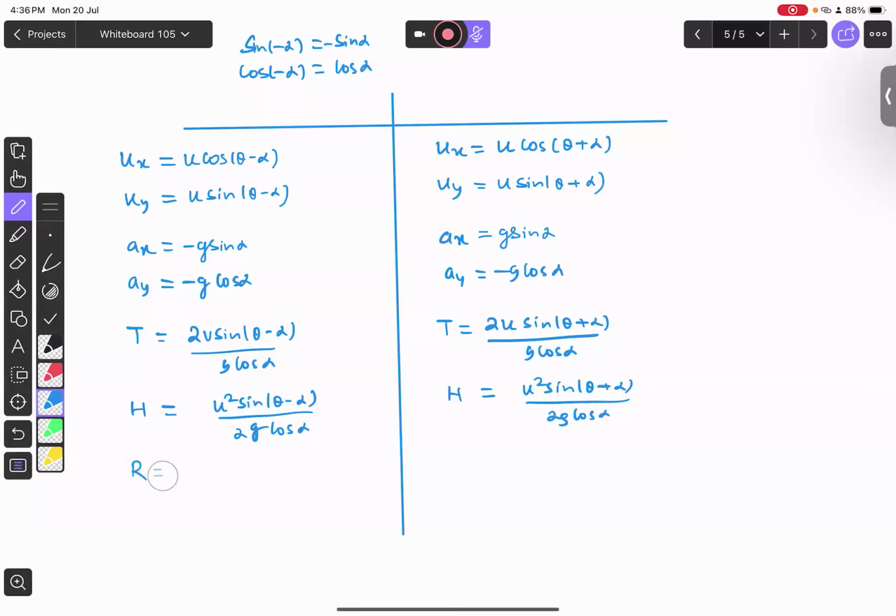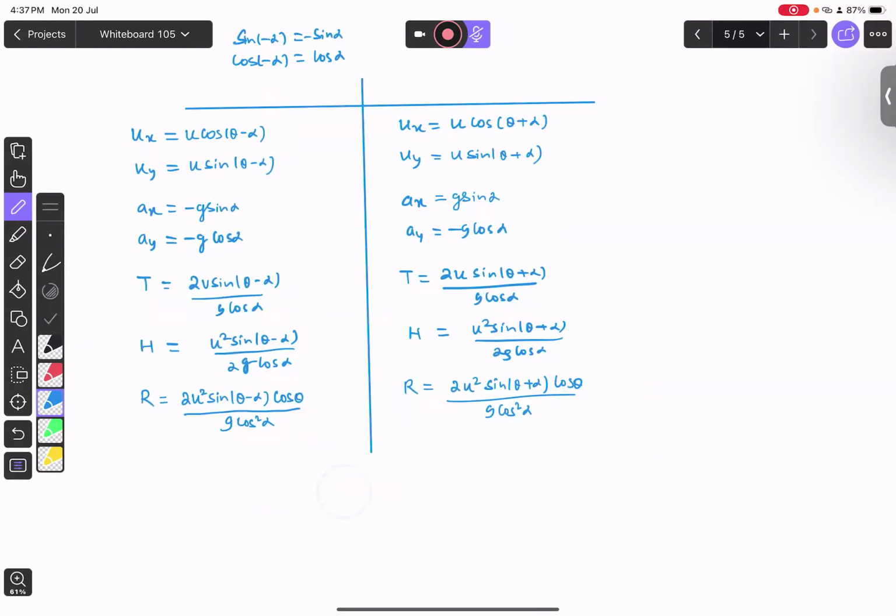Here R is 2u square sin(theta minus alpha) into cos theta by g cos square alpha. Here the range formula will be 2u square sin(theta plus alpha) into cos theta by g cos square alpha.